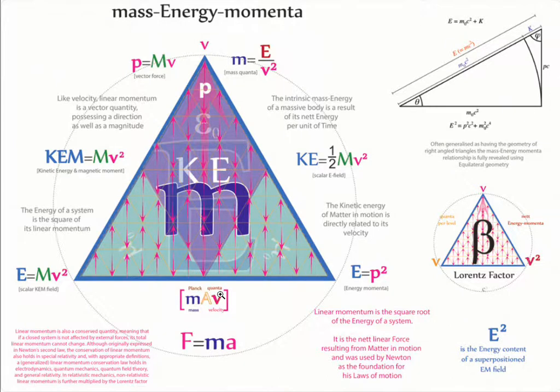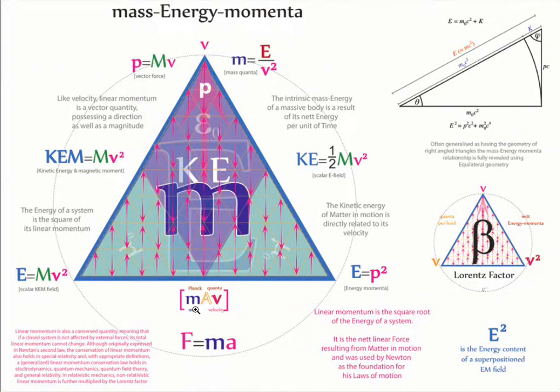So Planck quanta refers to the square root of the energy of the energy field, which is the momentum, linear momentum. The quantized angular momentum is the geometry of the field, or the quanta.